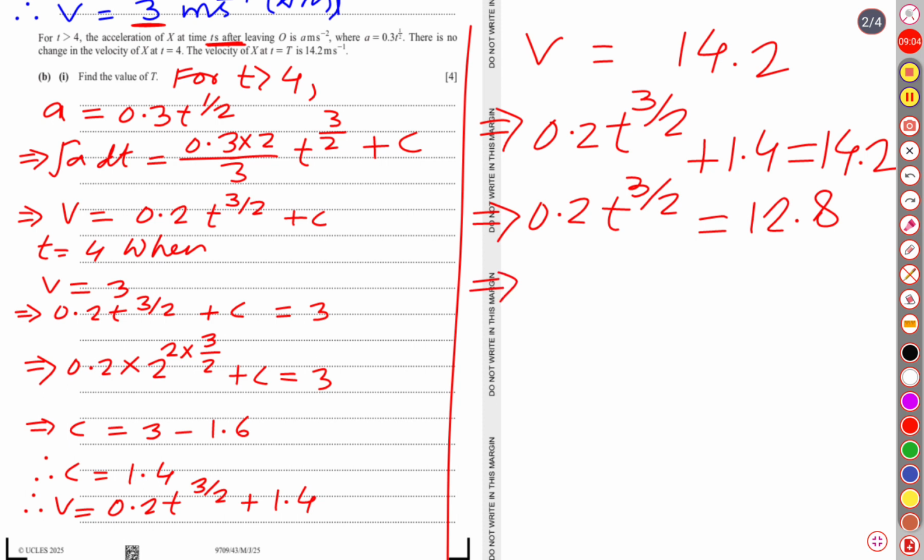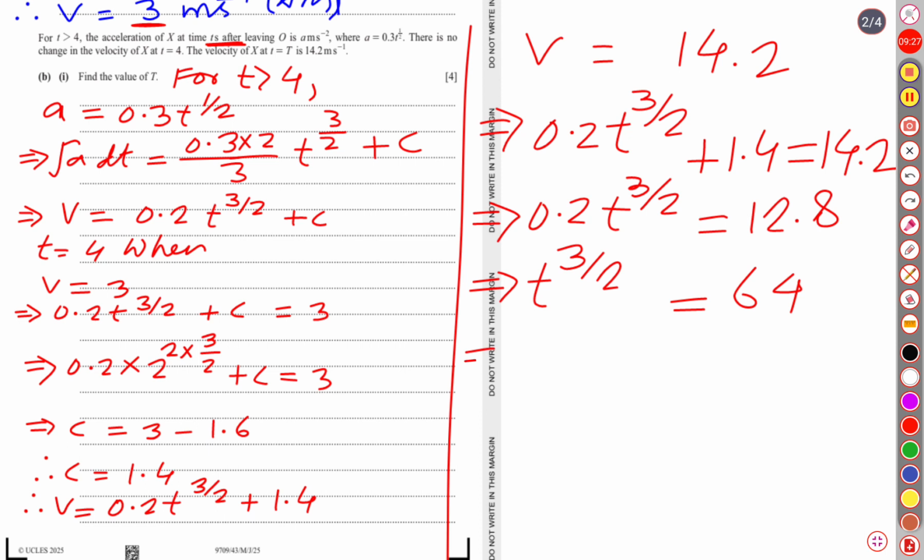Yes, it will be 64, not 6.4, because the decimal point can be dissolved. So t raised to 3 over 2 is equal to 64.